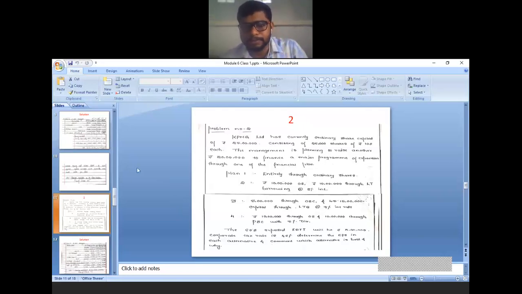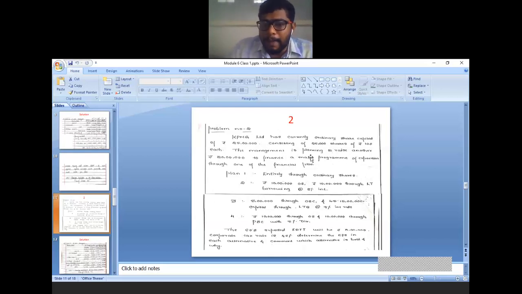For the time being, 25,000 equity shares, 25 lakh equity share capital, face value is 100, means 25,000 shares. Number of equity shares outstanding is already given in the problem. In the last problem you calculated the number of shares outstanding, but here it is given.